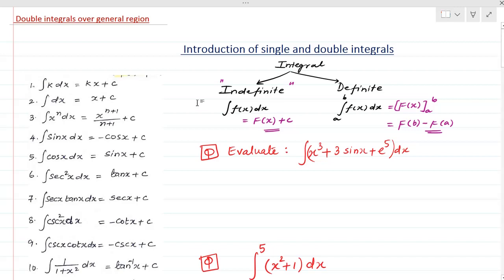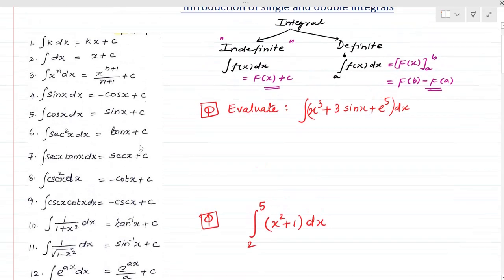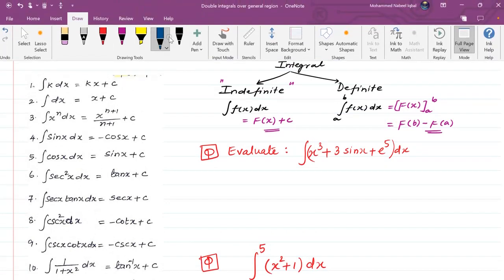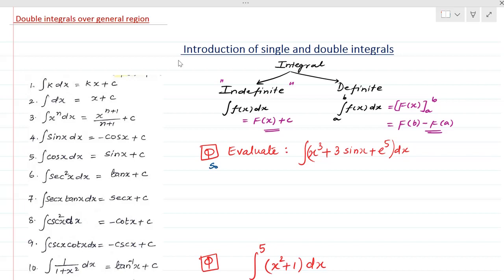As we know these formulas for the integral, we are going to solve the problem by using them. The first given problem is an indefinite integral, single integral, right? Now how will you integrate this one? x power 4 over 4 plus 3 sine x, whose integration is minus cosine x, and this is a constant.